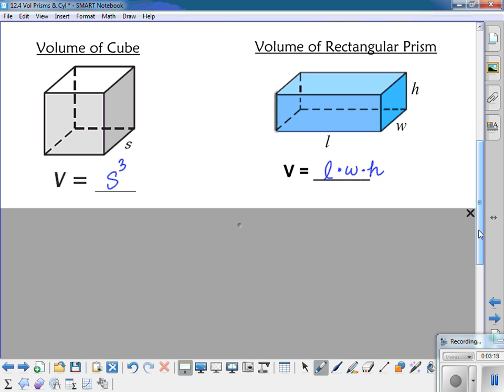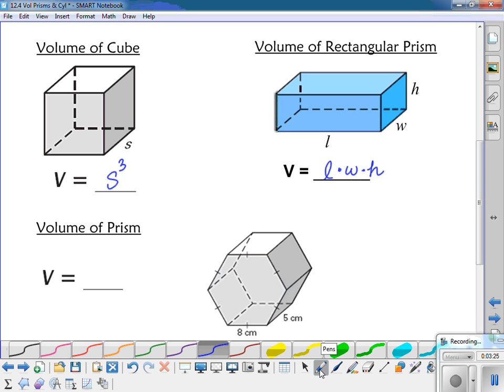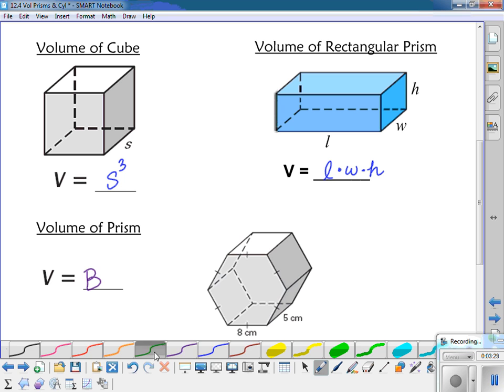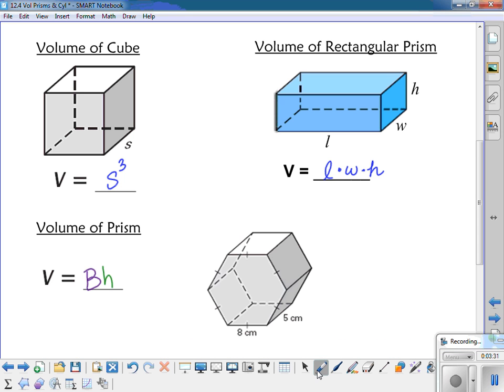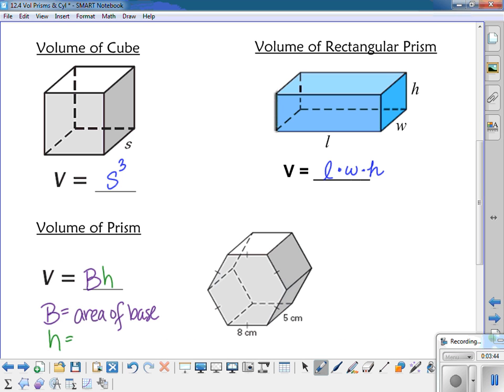If I have another type of prism, it's just going to be the area of the base times the height of the prism. So B is the area of the base. H is the height of the prism.